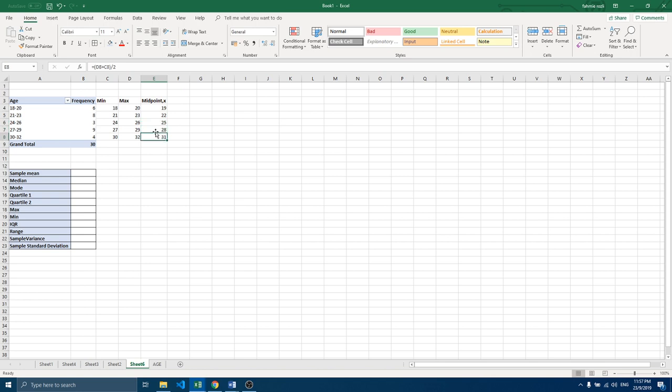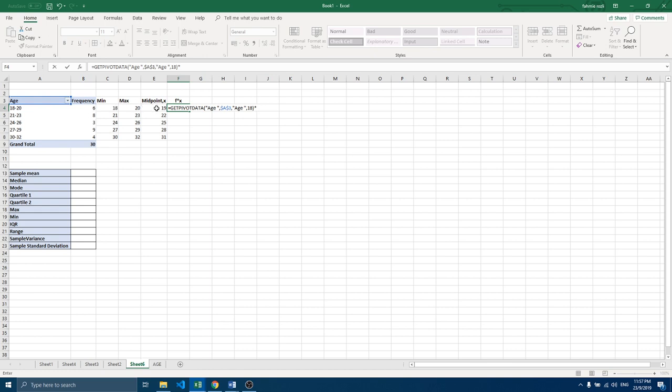Okay, and next you have to find the frequency, which is f. For frequency, multiply with x, which is your midpoint. So you just write equal to frequency multiply, just press star, with x.